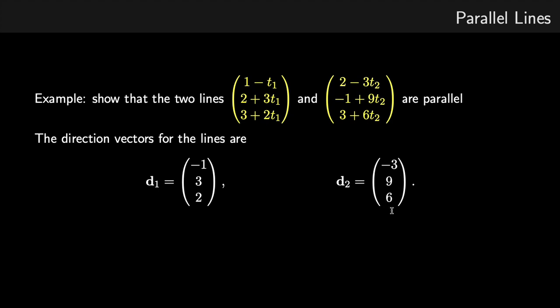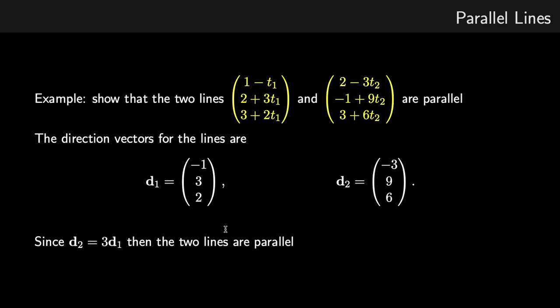So that gives me my second direction vector. If we have a look at these two, d2 is 3 multiplied by d1. So negative 3 is negative 1 times 3, 9 is 3 times 3, and 6 is 2 times 3. So since d1 is a scalar multiple of d2 and vice versa, these two lines are parallel.